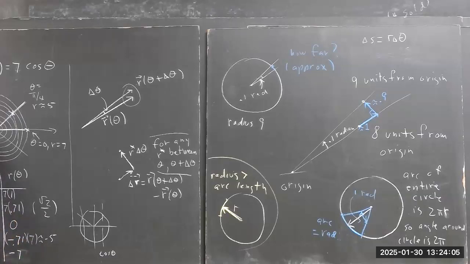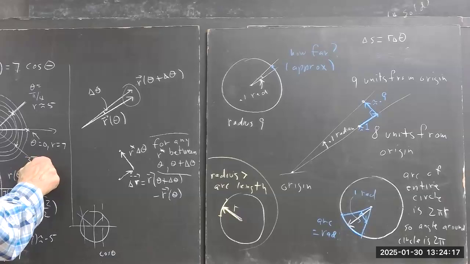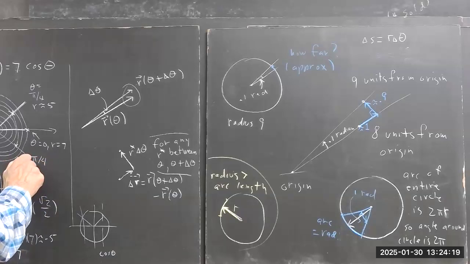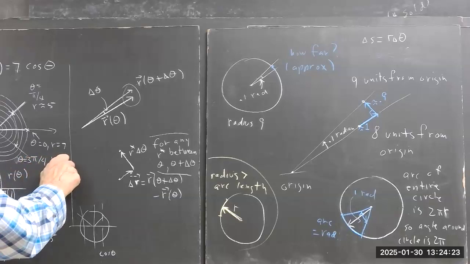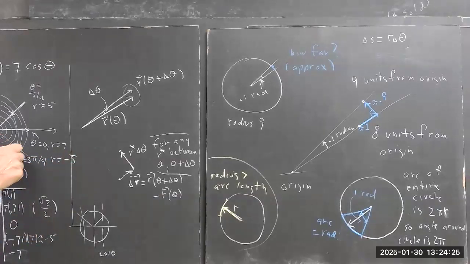First, 3 pi over 4 is here. What's -5 there? Well, we have to go back this way. So at 3 pi over 4, r is -5. Any of that make sense?